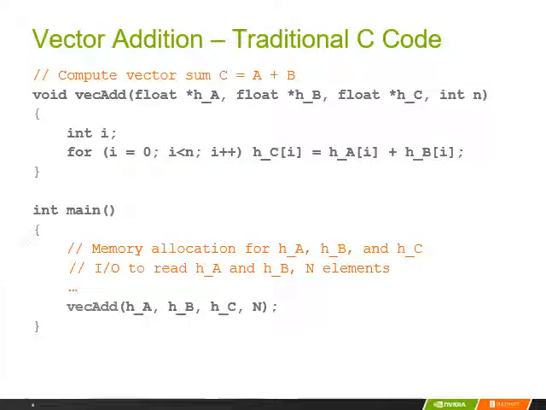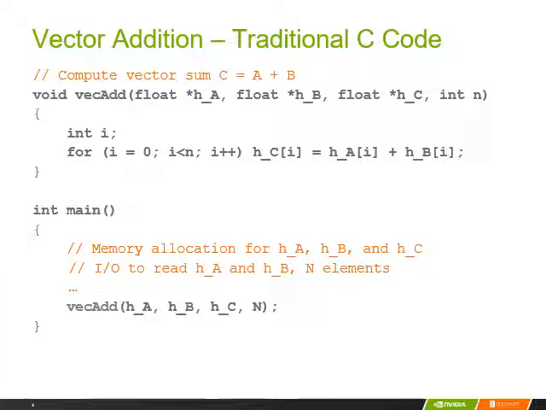In a traditional C program, the parallelism for producing data is typically ignored. If we look at the vector addition example in traditional C code, at the bottom we have the main program that calls the vector addition with pointers to A, B, C, and the number of elements to produce.